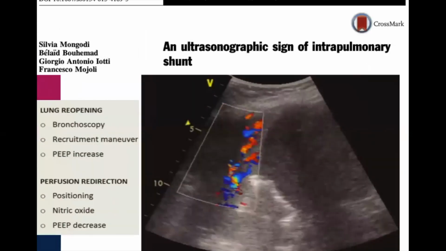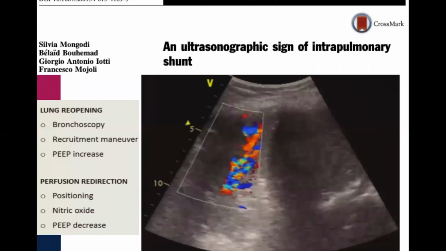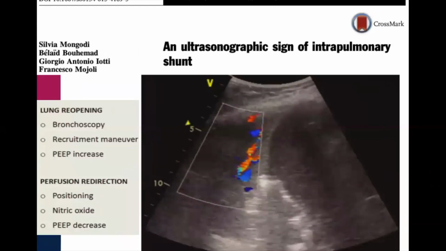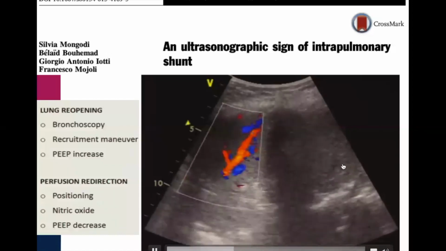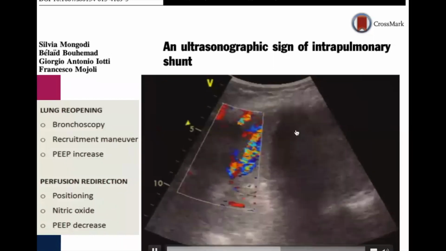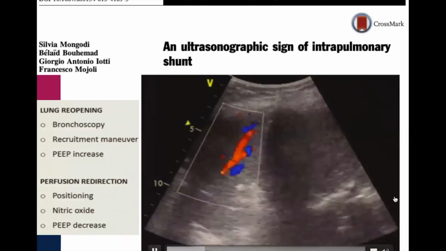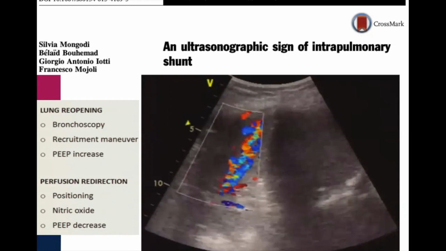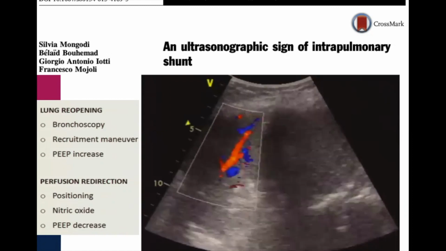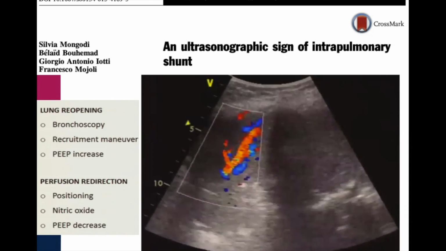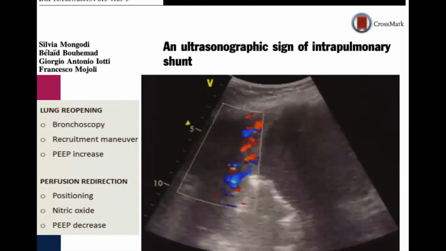So let's move on now to using lung ultrasound for recruitment of alveolar consolidation. What we're seeing here is a really neat video of essentially the sonographic sign of intrapulmonary shunt. So a consolidated lobe may have variable impact on oxygenation, and this variable impact is dependent on the degree of pulmonary shunt and whether hypoxic vasoconstriction is effectively occurring.